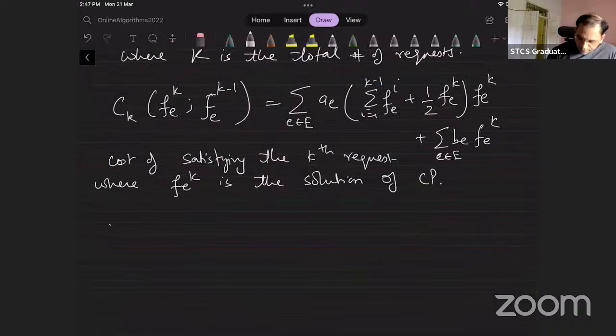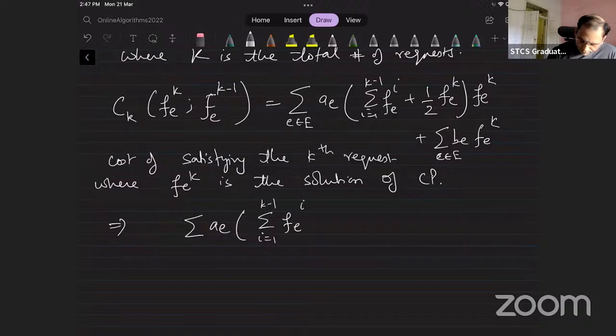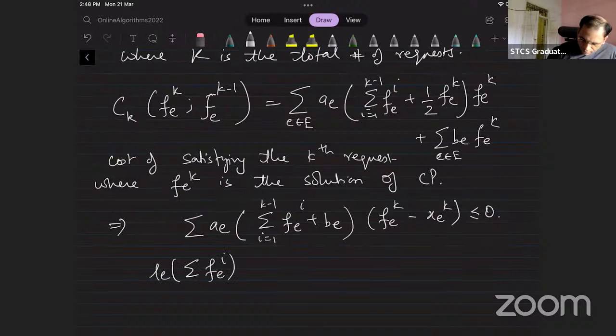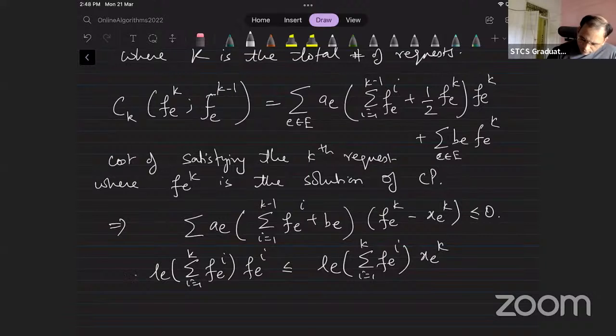So what my optimality condition implies, if you remember, hopefully maybe you can backwards fit it, that why it makes sense to do it. So what was my optimality condition? That LE of summation FEI, I going from 1 through K, is less than LE of the same thing with XEK. I'm just using this to get this.